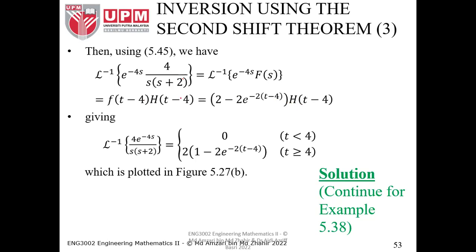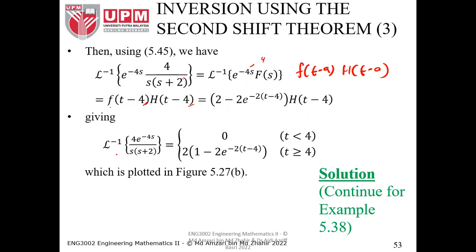Where does it come from? Because you remember, we need to change to f(t minus a) h(t minus a), where your a here is 4. So that's why f(t minus a) is f(t minus 4), and h(t minus a) is h(t minus 4). If you change to the Laplace solution, you will get 2 minus 2 e^(-2(t minus 4)) h(t minus 4).